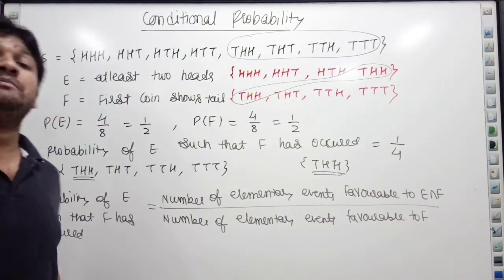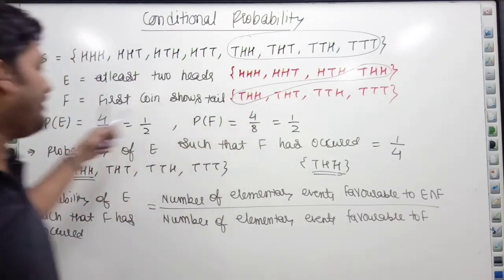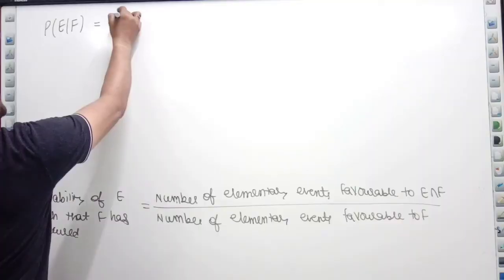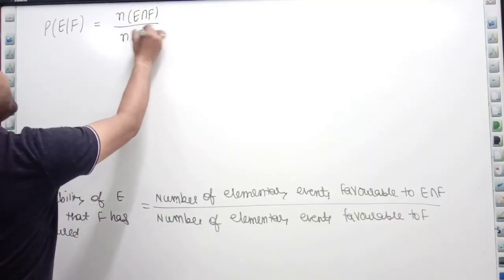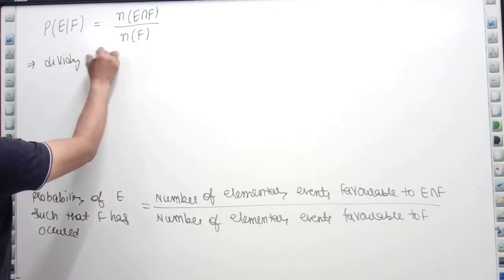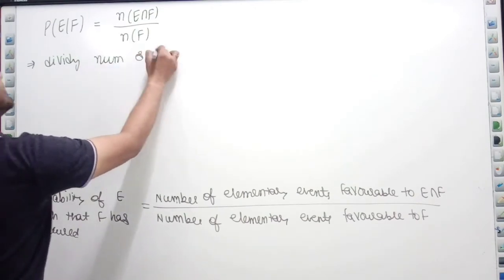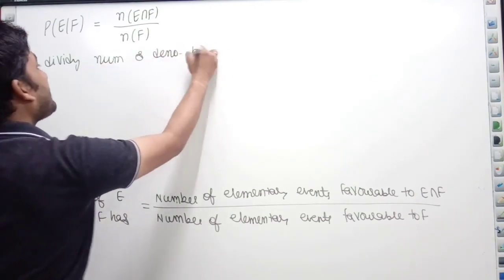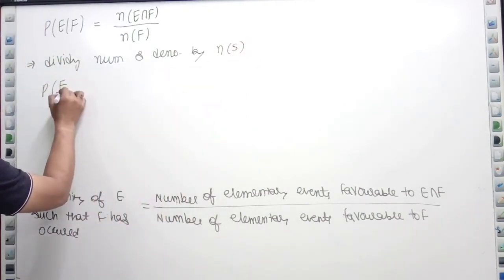What is the new sample space? This is the new sample space, and this is favorable to F. So we can write n(E intersection F) upon n(F). Dividing the numerator and denominator both by n(S), we have P(E upon F).